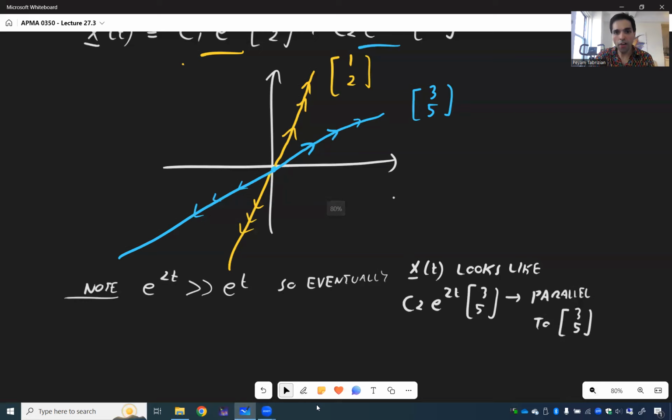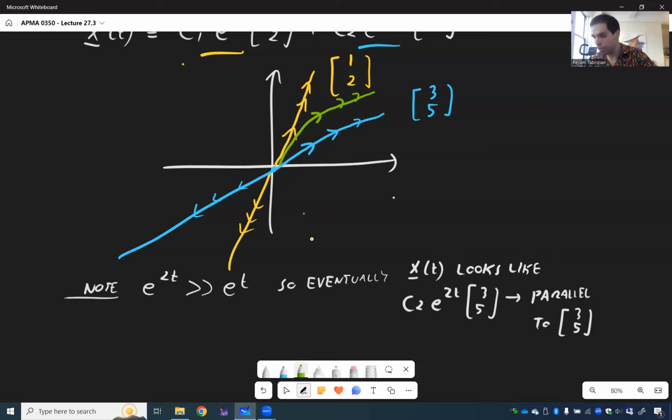So in other words, how do you draw the solutions here? Well, it kind of starts more or less at (0, 0), because as t goes to minus infinity, it's (0, 0). And then it just eventually becomes parallel to (3, 5). So it might curve at first, but then it looks like (3, 5). Also here, it might curve at first, but then looks parallel to (3, 5).